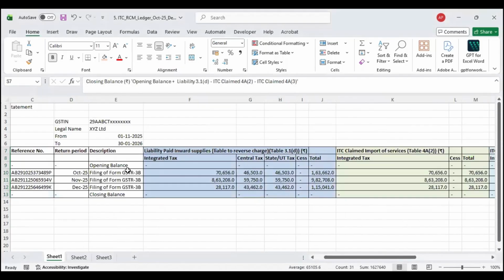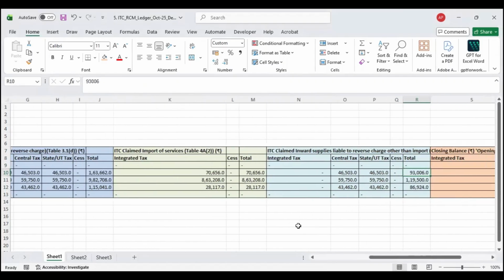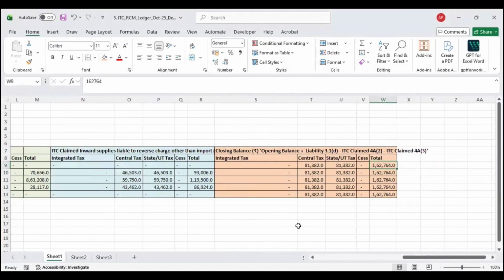Now, for the month of October, if you happen to see, 70,365 is my liability which I have paid. I have claimed input tax of 70,000 IGST. I also claimed 46,000 CGST, SGST. Now, because there is an opening balance of 81,000, let us cross check here.